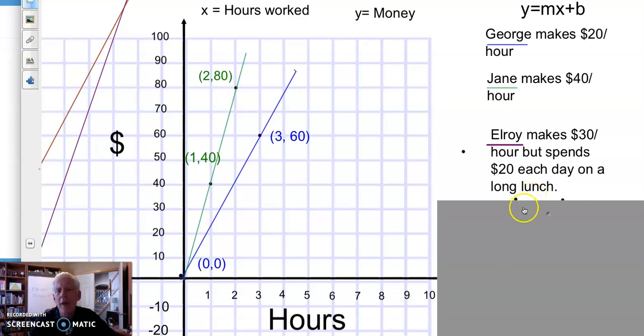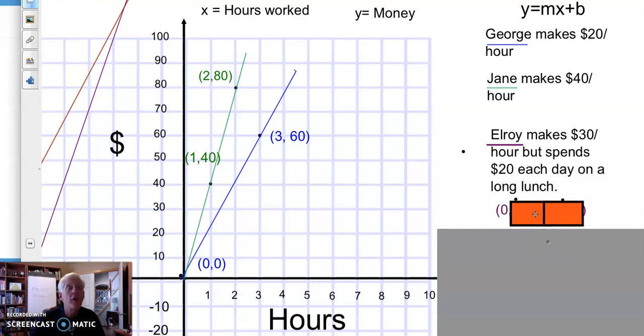So the amount of money he makes is going to be the total. So how much money would Elroy make if he worked for 0 hours? If Elroy decided to go to work one day and just said, I'm not working at all, I'm just going to have lunch with my buddies, how much money would he make? He would make negative $20.